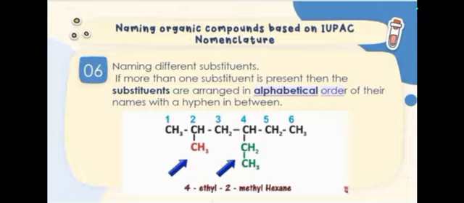The second and fourth positions have substituents: one is ethyl, one is methyl. Both are alkyl groups, but different substituents, so we write them in alphabetical order. First ethyl and second methyl: 4-ethyl-2-methylhexane.